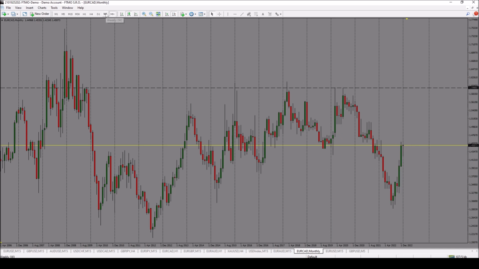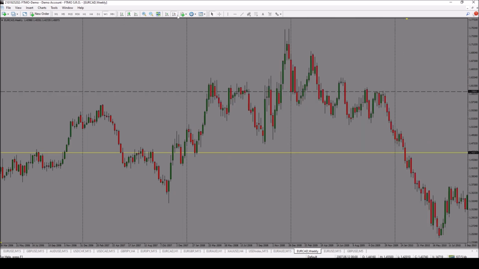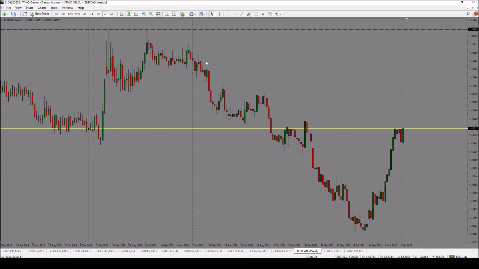Going to the weekly time frame, we can start to see levels or impulses. From this zone, we can see that we had a drop, a pullback, a drop, a pullback, and a drop. To clearly view these levels, we need to use rectangles. I'm going to mark this as my first level.